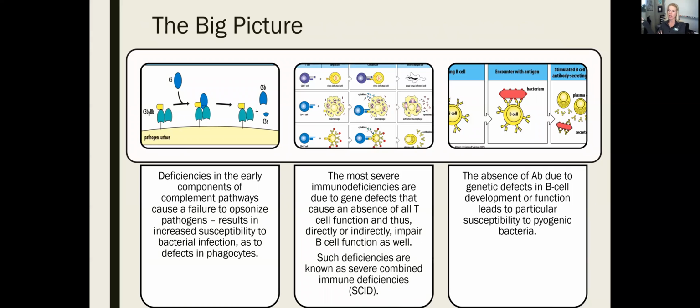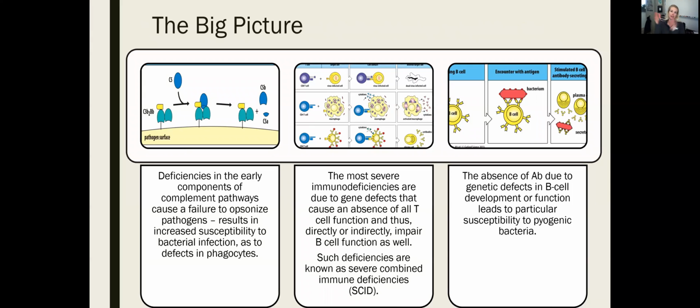I'm going to go to the left side now. If we have an antibody issue, that is also going to decrease the amount of antibody that can serve as an opsonin. And so we end up having susceptibility to pyogenic bacteria.